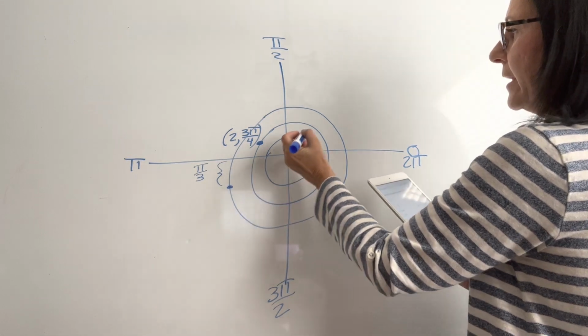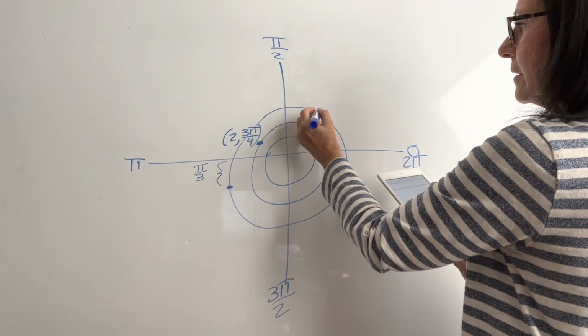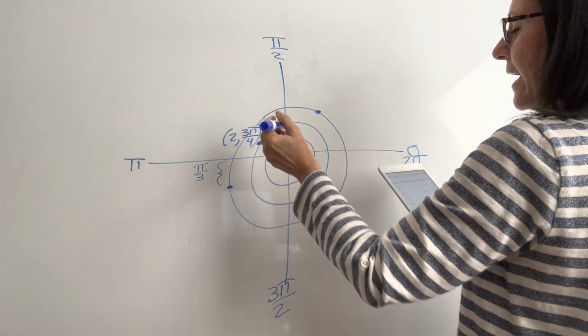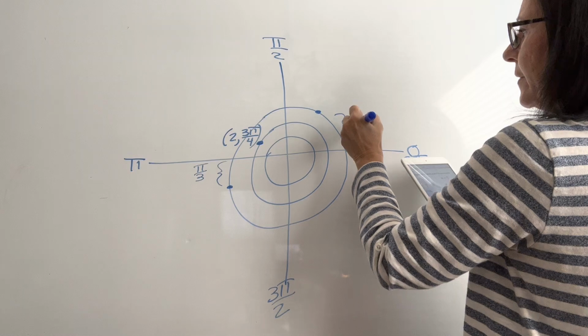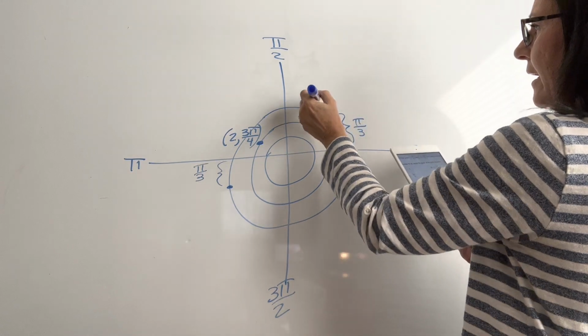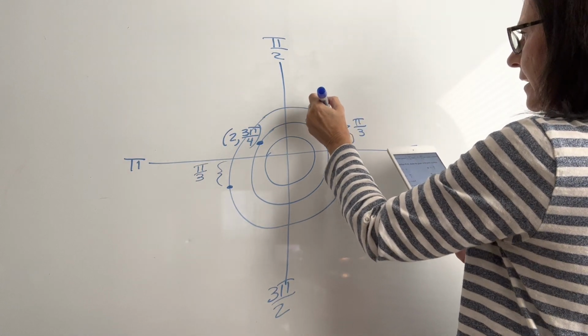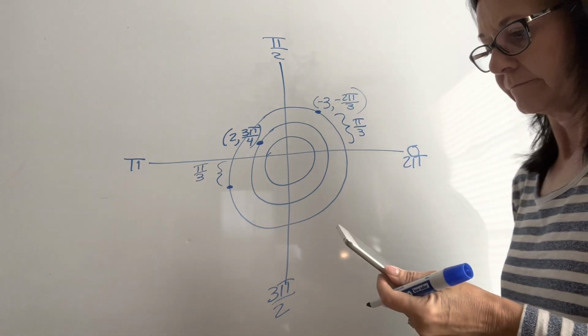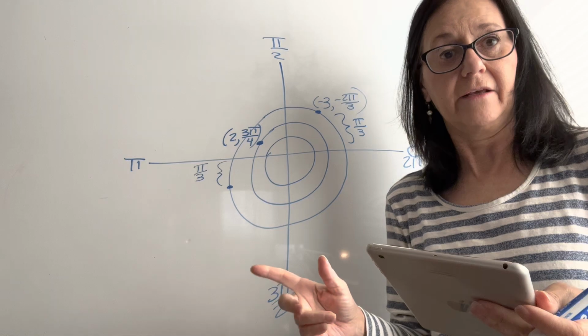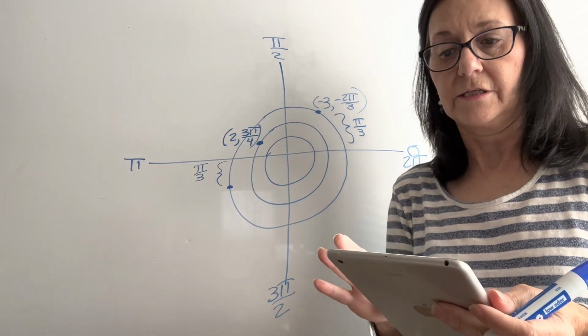So we're going to go up here such that this distance would be pi over 3. And this would be (-3, -2 pi over 3). All right, so for that negative, you go in the adjacent quadrant.